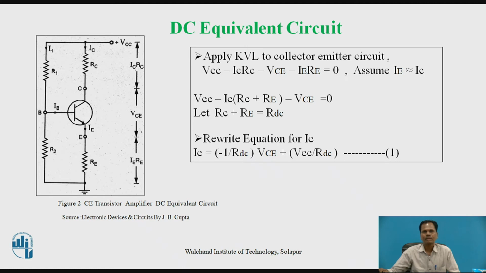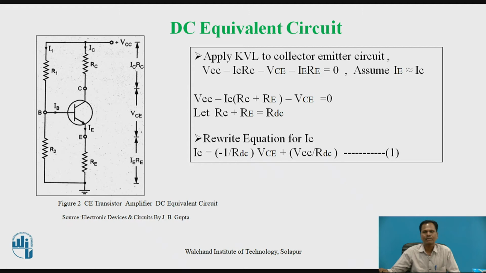The voltage appearing across the collector resistor RC is IC into RC. When a transistor conducts, current flows in the collector terminal and voltage drops across RC. Similarly, the voltage will drop across the emitter resistor RE. Using KVL, Kirchhoff's voltage law, we can write a voltage equation for the collector emitter circuit.